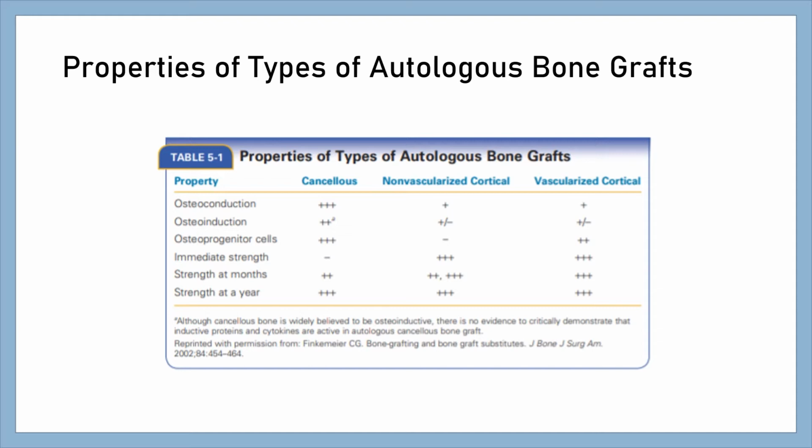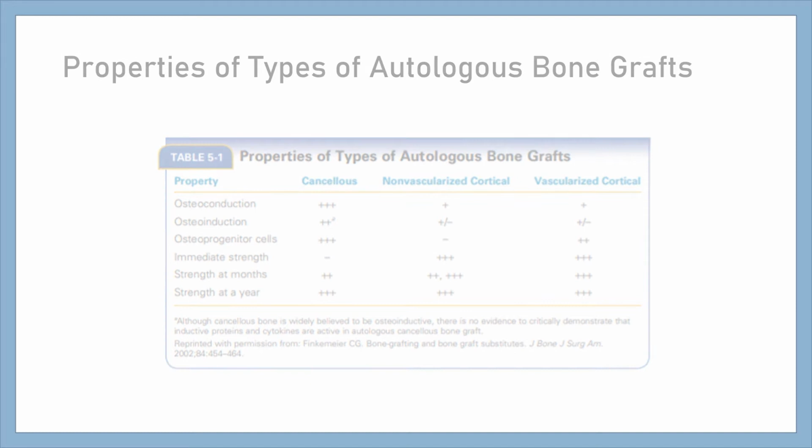This occurs in an ordered sequence which is dependent on the three-dimensional structure of the graft, the local blood supply, and the biomechanical forces exerted on the graft and surrounding tissues. Osteogenesis refers to the process of bone formation after terminal differentiation of osteogenic progenitor cells into mature osteoblasts. These three processes create the signals, scaffolds, and cells necessary for the initial phase of fracture healing.